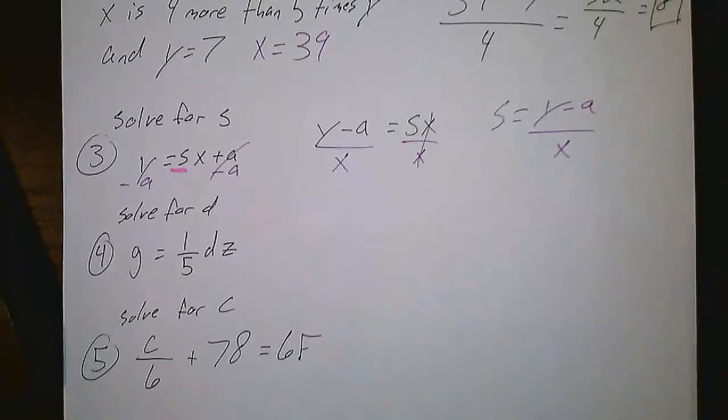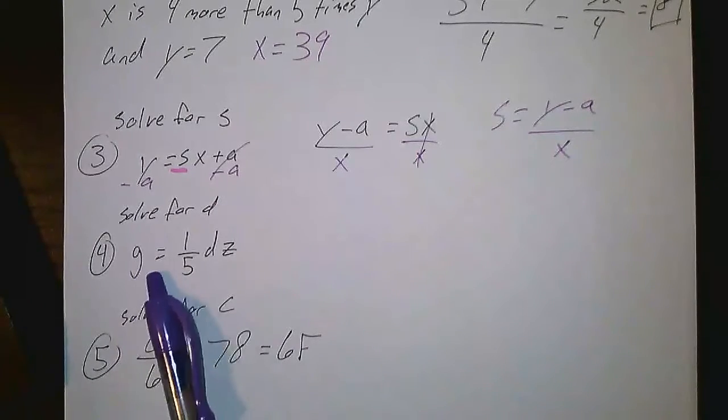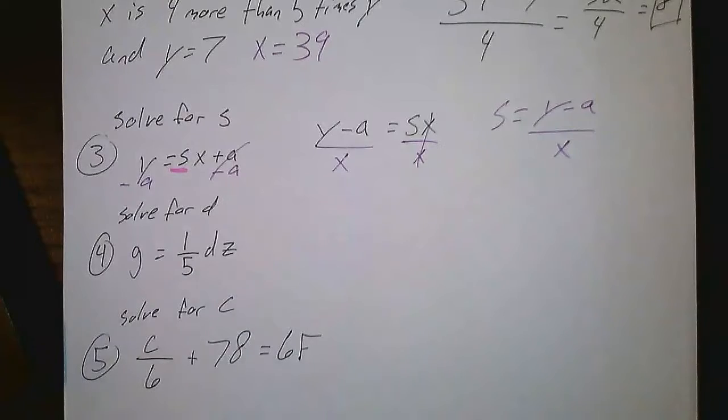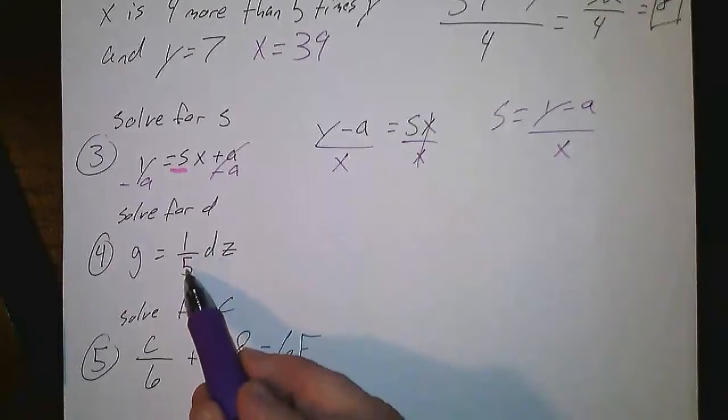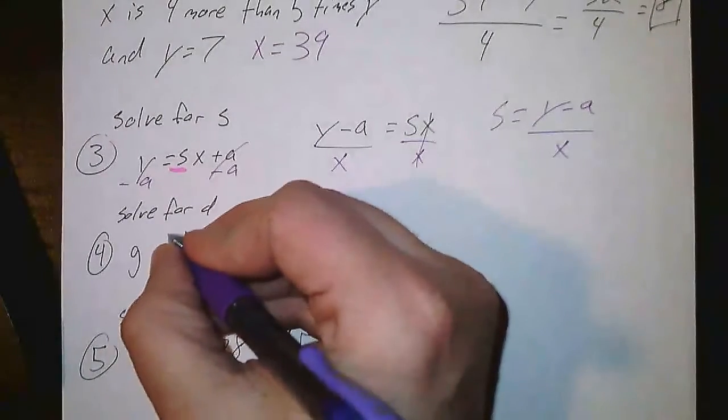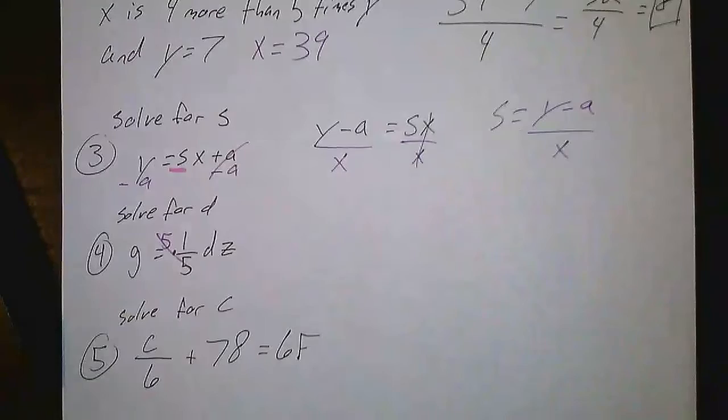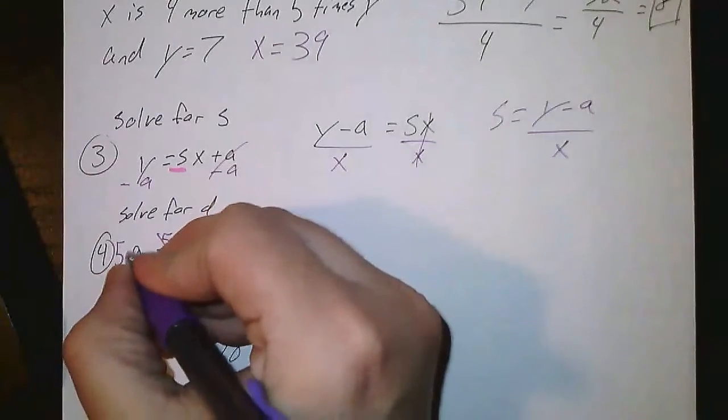Another problem you might see, something similar to. Here we have g equals 1/5 dz. So this is 1/5 times d times z. We need to get rid of the 1/5 coefficient. So the opposite of to divide by 5 is to multiply by 5. Anything I do to one side, I need to do to the other.